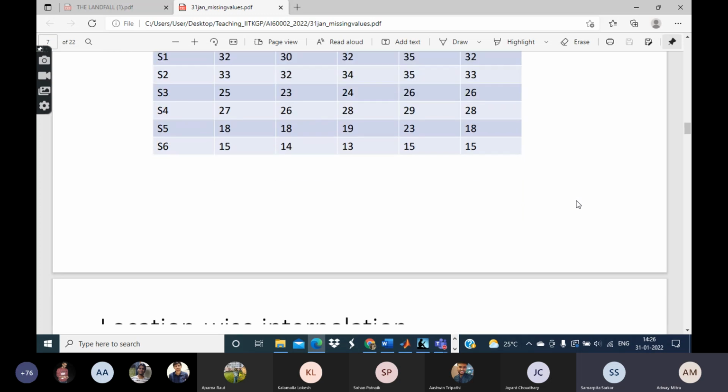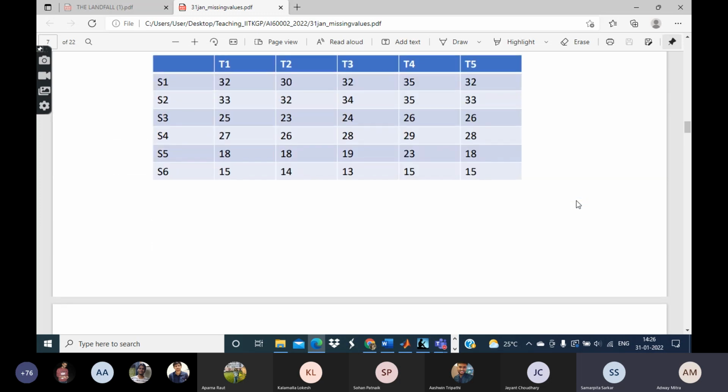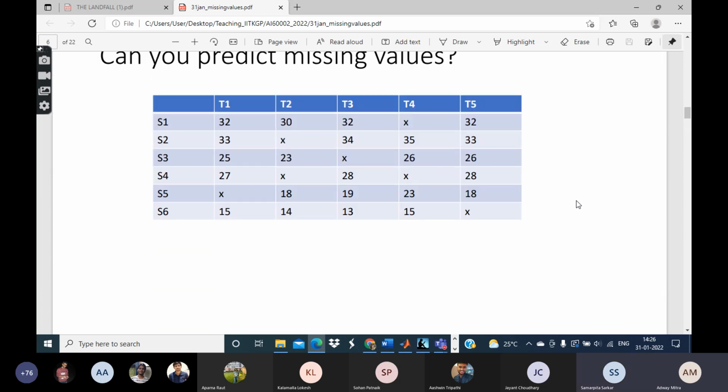So now let us try to do some kind of interpolation. All of you roughly know how to do it. Suppose you are given this kind of matrix where some values are missing, and you are required to predict the missing values.